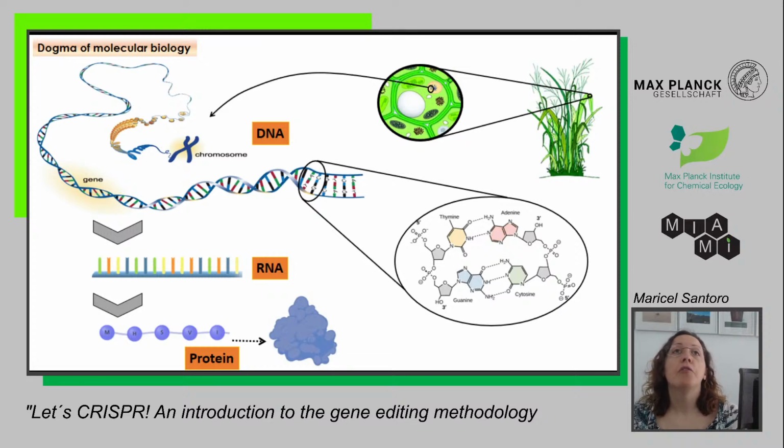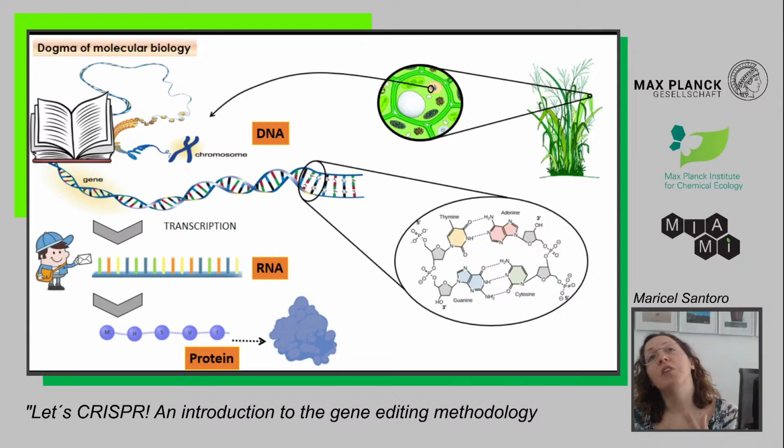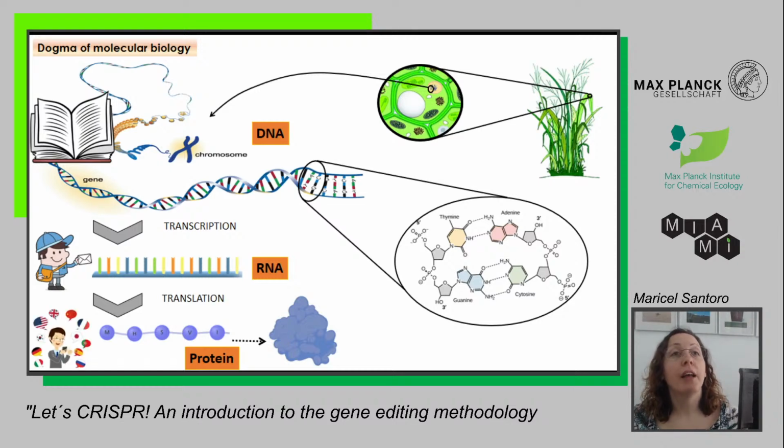And if you think about it in a simpler way, we can think about the DNA as a list of instructions that we have in our cells. Via a messenger, in a process called transcription, it's transcribed into RNA, and this RNA is translated afterwards into protein. This translation is based on the genetic code.